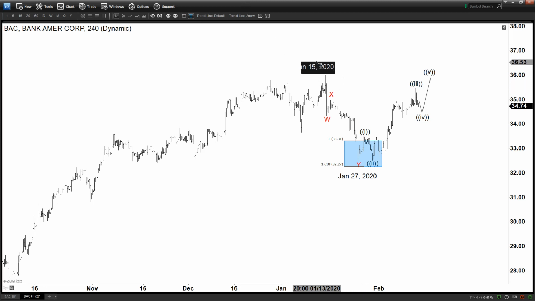Now since we sort of formed an intermediate cycle high here, we got a pullback, and the pullback is in the form of a WXY. It is a 3 swing. Okay, it is a 3 swing. It is not an impulse, and we only got this 1 2 3 ended in the 100% extension area.